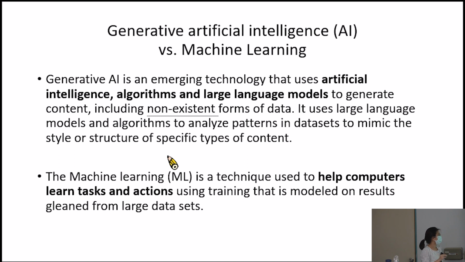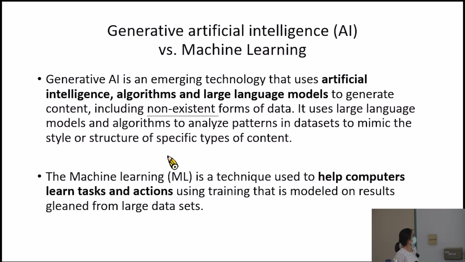Okay, so this is the definition of machine learning. More specifically, machine learning is a tool to get generative AI. In other words, generative AI comes from the result of machine learning.